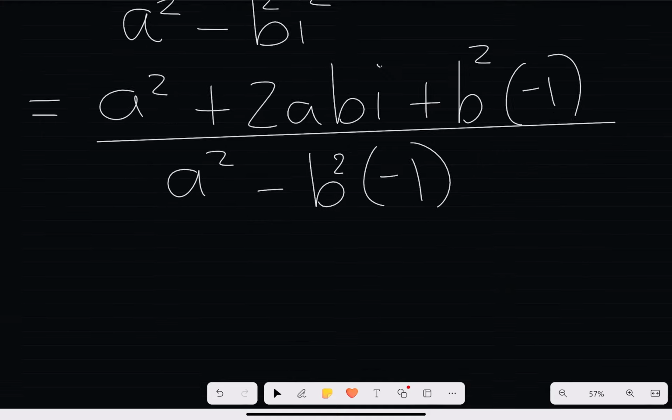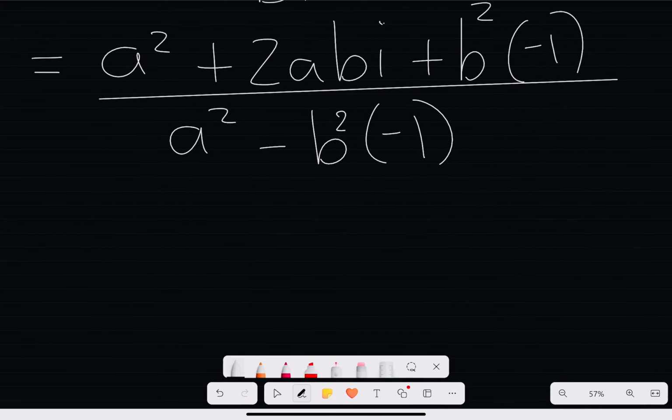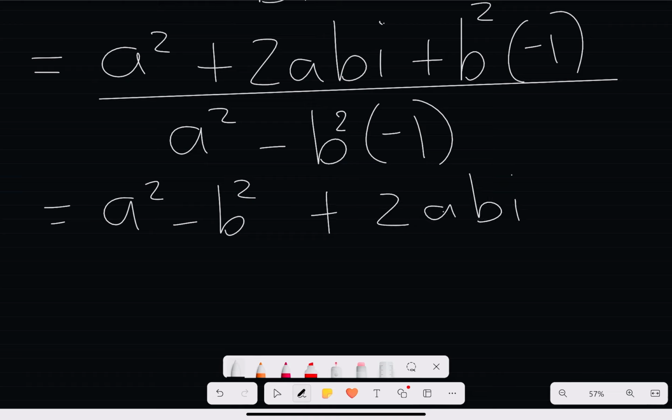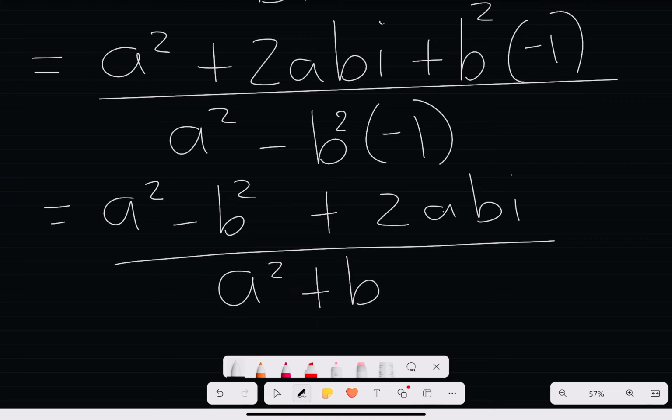Then now let's see. If you check here, b squared times -1 is negative b squared. So we're going to have a squared minus b squared as your first part, and then plus 2abi as your second part. And at the bottom it's a squared plus b squared, because negative b squared times -1 is positive b squared.